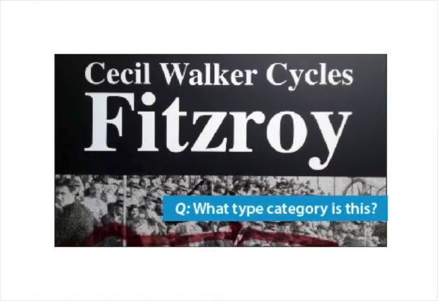So this is what the front of the flashcards will look like. We have a photograph of some kind of a sign here. We can clearly see the type. The size of the photograph of the postcards is already predetermined, and each of the postcards will include this blue banner with the question, what type category is this?